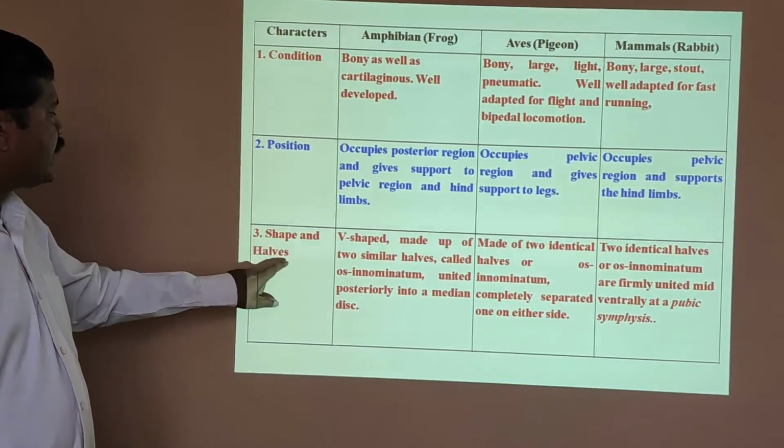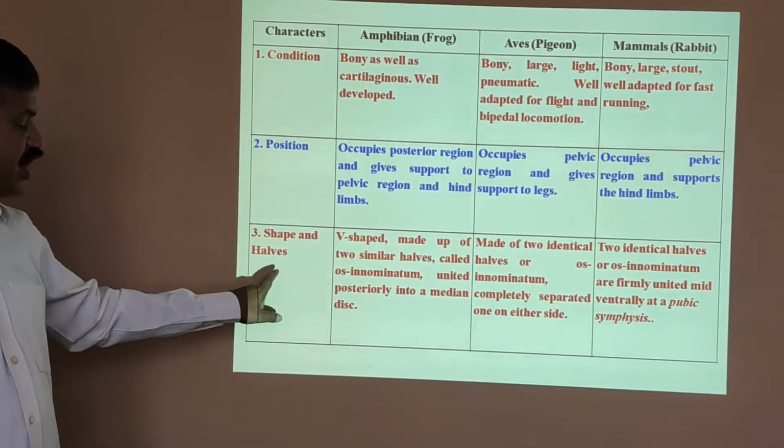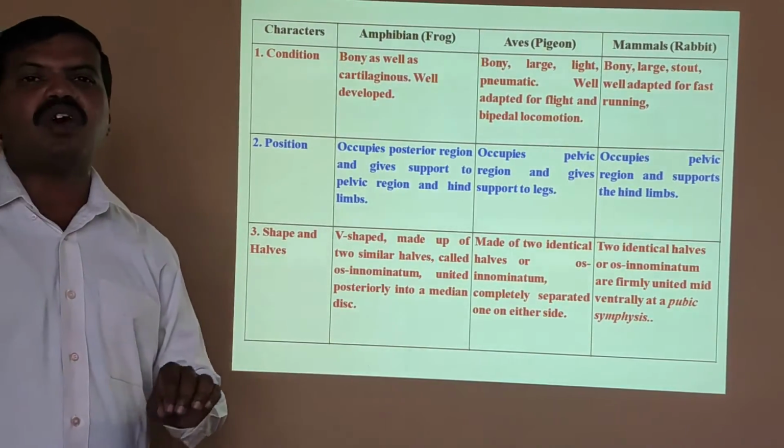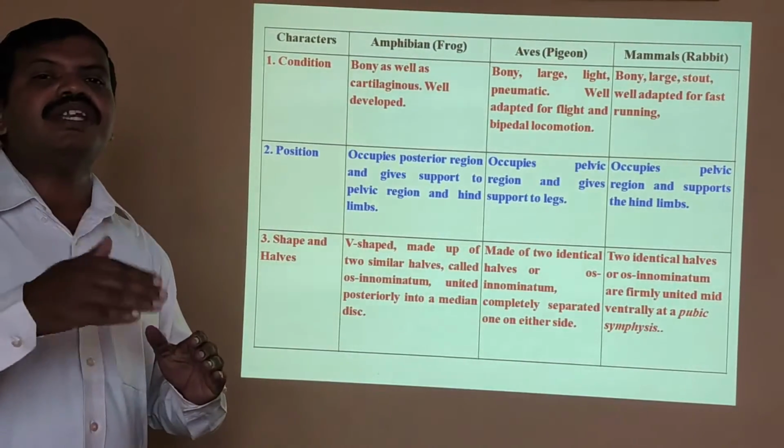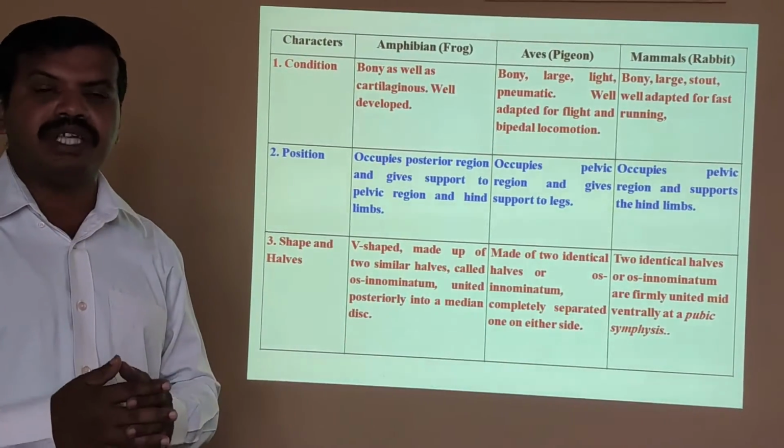The third point is the shape and halves. As far as the shape and halves are concerned, the shape varies in different members of the animals.